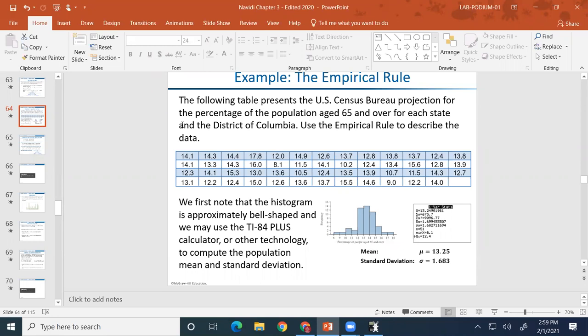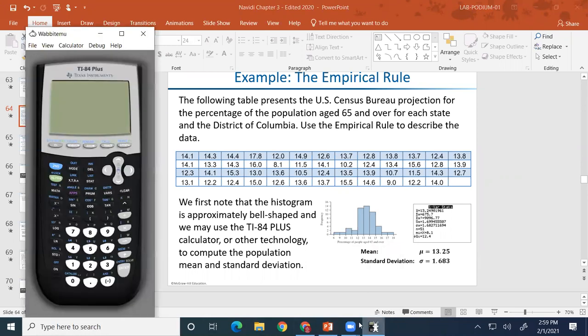So let's just look at that in a second, because I think this gives you a little insight. There are 51 pieces of data, so 51 minus 3 is 49, right? So 49 divided by 51, that's 96%, so pretty close to 95.